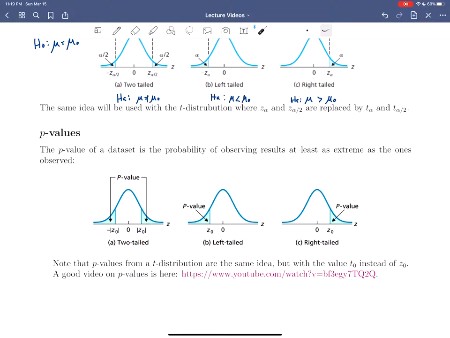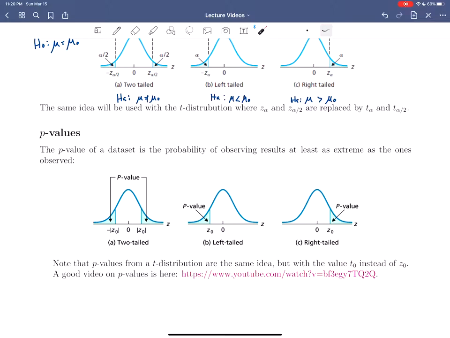With the test statistic, what the p-value tells you is the probability of getting data that's at least as extreme as your data set. So given any random sample, what's the probability that that random sample is at least as extreme as your data set?